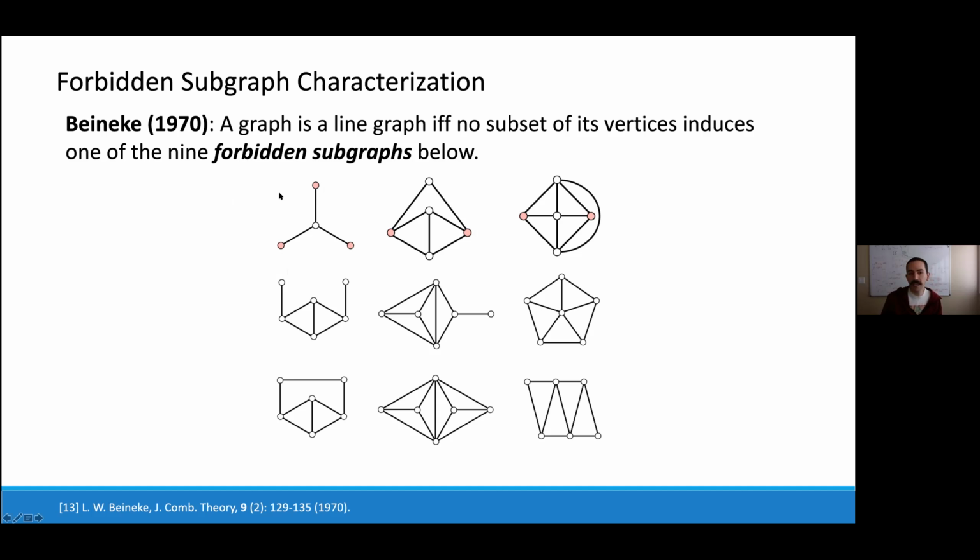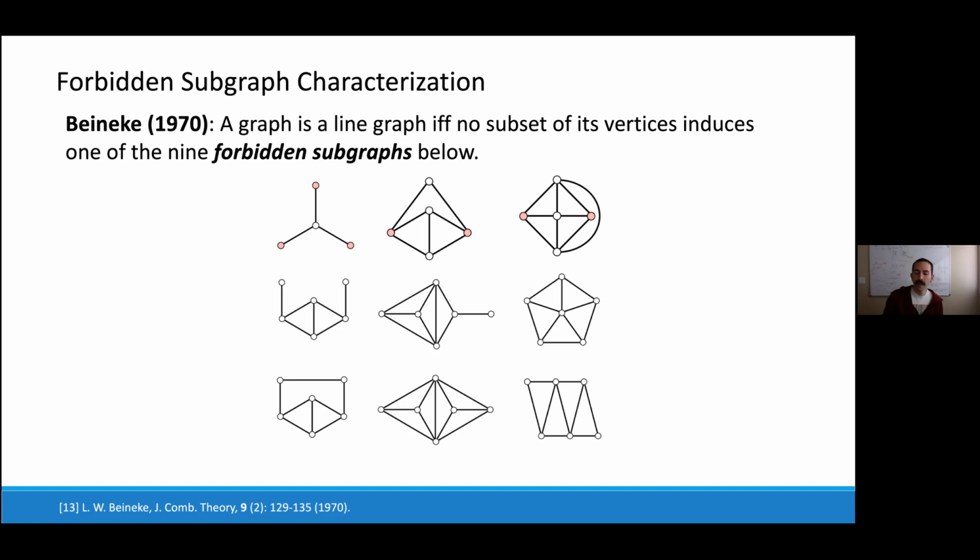Okay, so I just keep the induced subgraph. If your large graph has any one of these 9 somewhere in its list of induced subgraphs, then it cannot be a line graph.